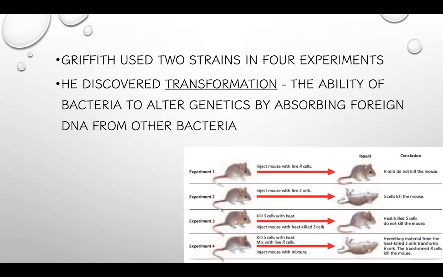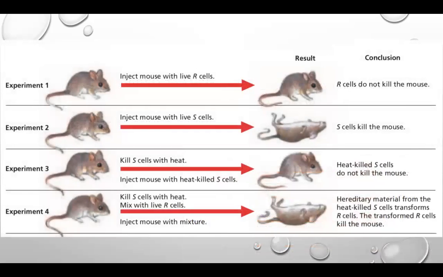Okay, and you can see that, I've got a better shot of this. So you've got S cells killed with heat, which up here resulted in nothing. You have living R cells, which in experiment 1 resulted in nothing. But you mix these two together, you inject the mouse with a mixture, they died.